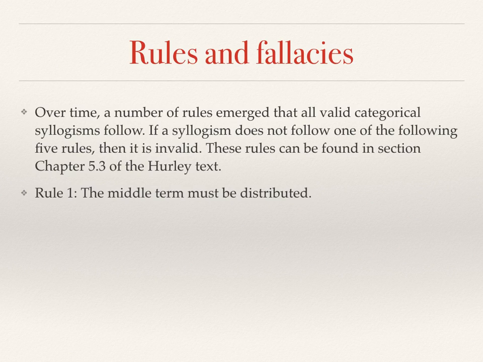So you'll need to go back and recall the A, E, I, O type propositions, and remember that in those types of propositions, sometimes the subject is distributed, the predicate is not, or they're both distributed, or they're both not distributed. That's important to keep in mind as you read through these propositions, because the middle term, if it's not distributed, can lead you to make a conclusion that is false.